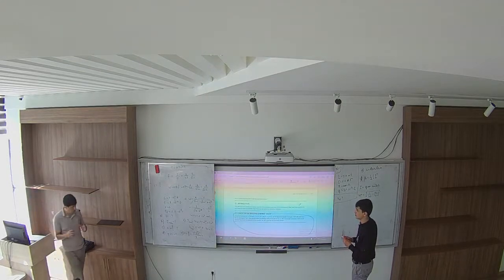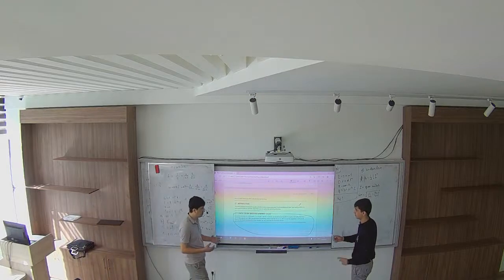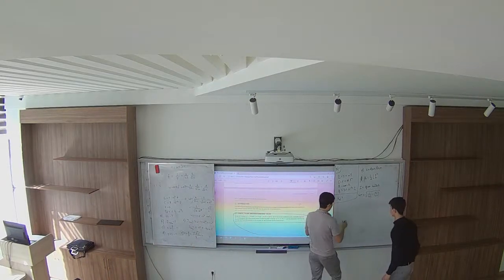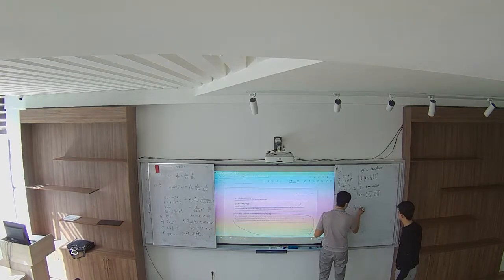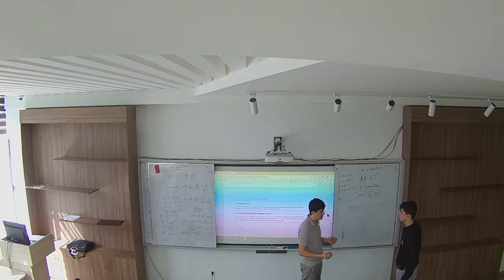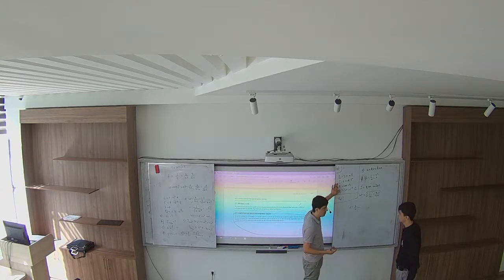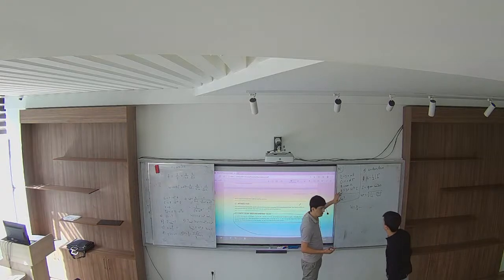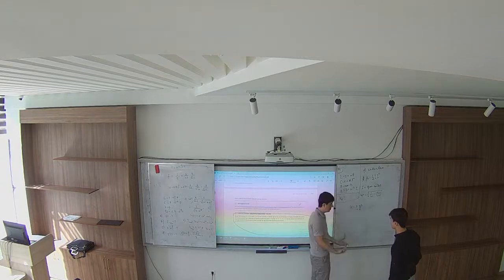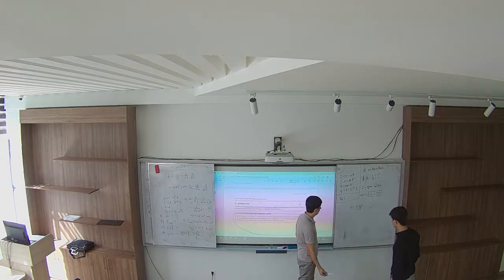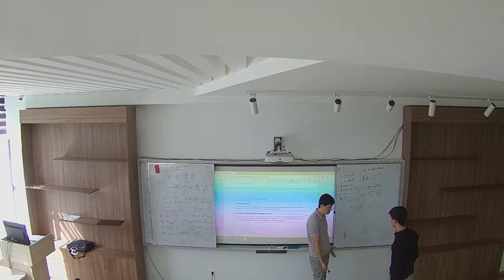If you want to find the dissipated energy, you need to use 1 over 2 Q squared divided by C, the capacitor energy by charge. So that's all. All the energy we lose.